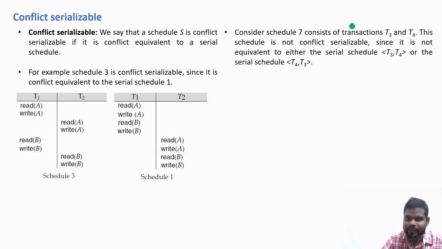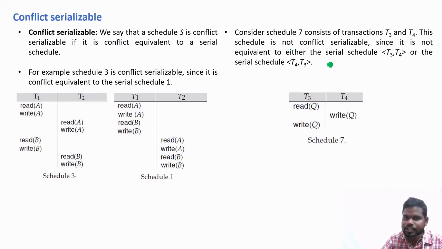Consider schedule 7, which consists of two transactions T3 and T4. This schedule is not conflict serializable since it is not equivalent to either the serial schedule T3, T4 or the serial schedule T4, T3.